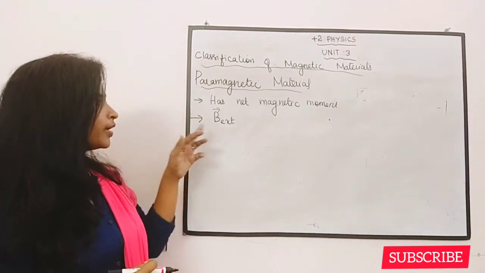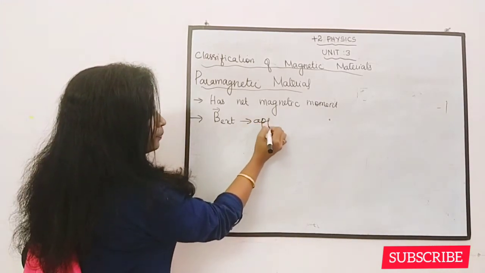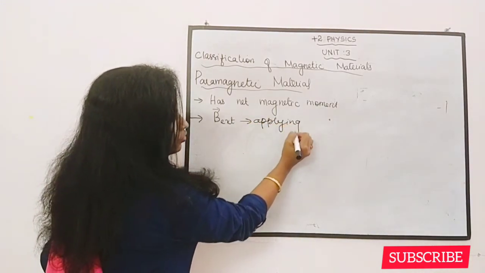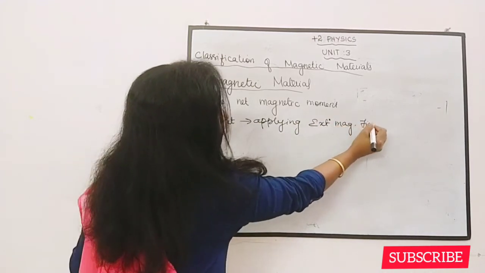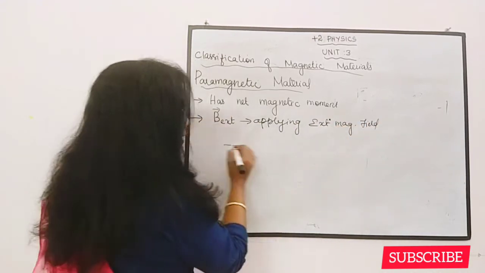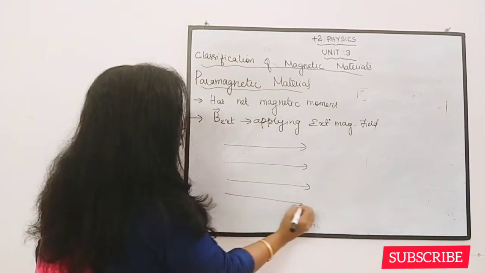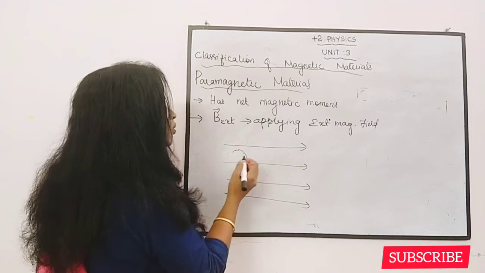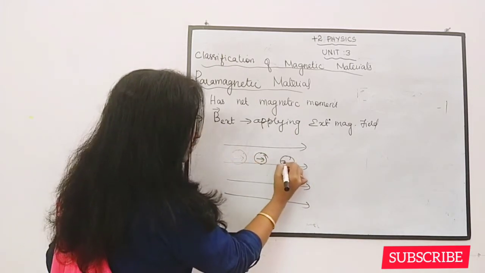Then I apply an external magnetic field. When we apply an external magnetic field, the dipole moments are aligned in the same direction as that of the magnetic field.